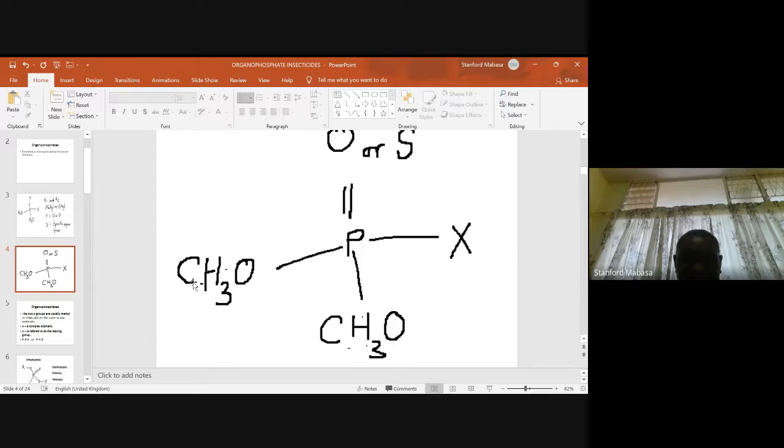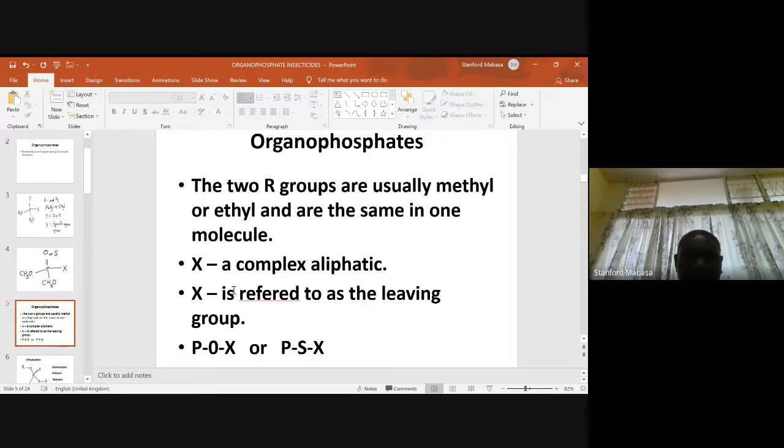Like this, you can see these are the same in one molecule. X is a complex aliphatic, usually referred to as the leaving group. We can have this structure P=O-X or P=S-X, depending on whether we have got oxygen or sulfur.